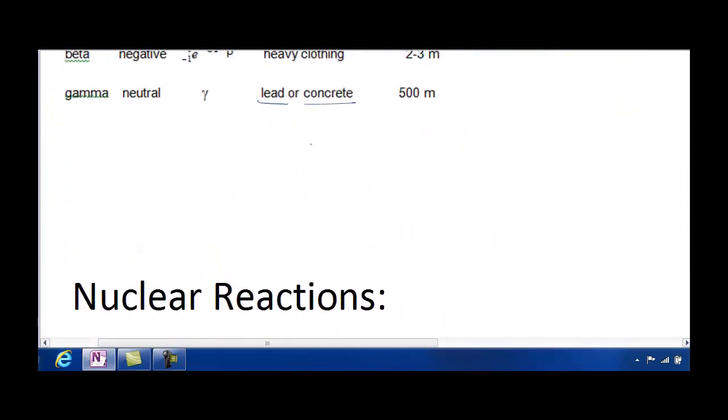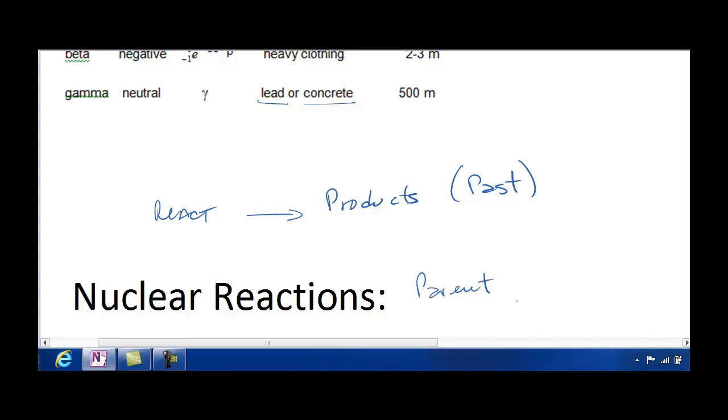When we hear reactions, in the past we put reactants, and after the arrow we put products, right? Well, in this chapter we're not going to do this. Now in nuclear reactions, before the arrow we're going to write a parent, a hot radioactive isotope that's shooting either alpha or beta or gamma or a combination of it. So it's not going to be called a reactant, it's going to be called a parent.